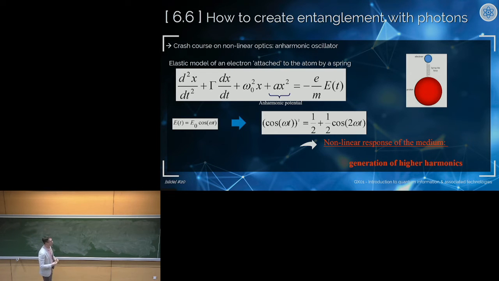So when you send light onto a crystal made of many atoms, atoms are made of a nucleus, which is a positive particle, and electrons, which are negative particles.